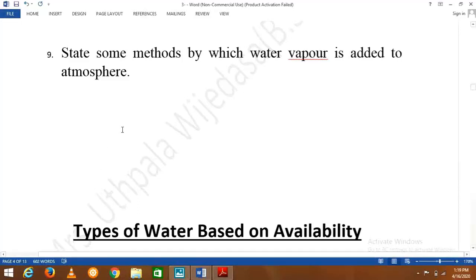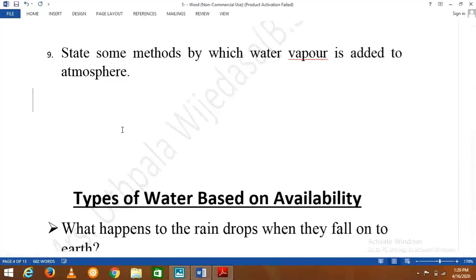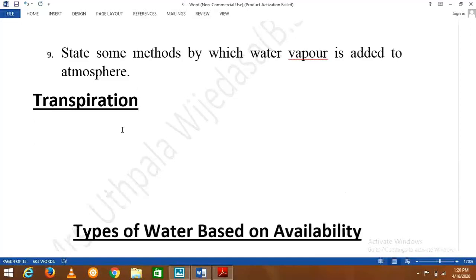Transpiration is the loss of water from a plant in the form of water vapor. Then, due to respiration of plants and animals, also water vapor is added to the atmosphere.